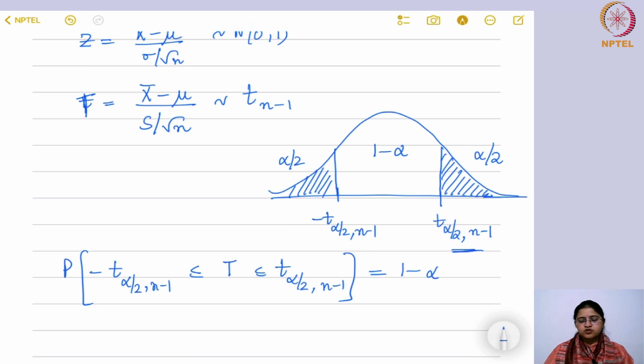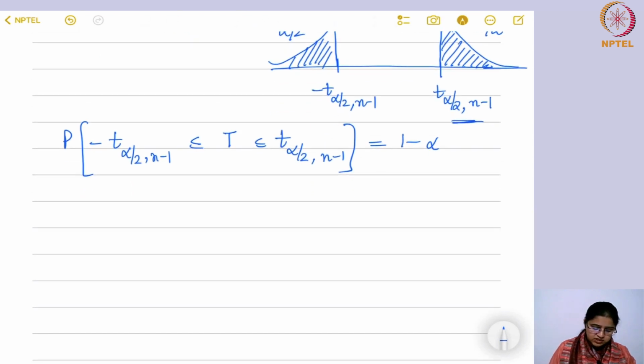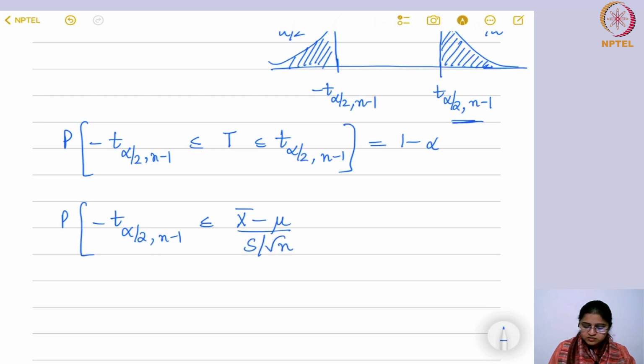And similarly on the left hand side, it would be alpha by 2 area to the left of it. Now if you focus on this, we can simply substitute as we have done earlier. Instead of t, I can write x bar minus mu over s by root n, and this would be between minus t alpha by 2, n minus 1 and t alpha by 2, n minus 1, right?